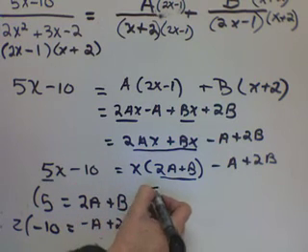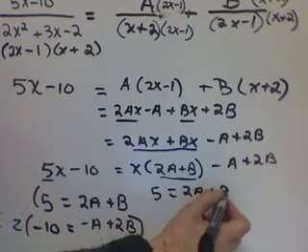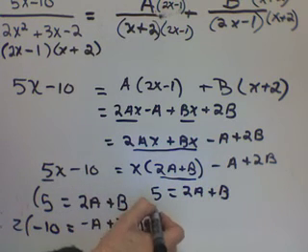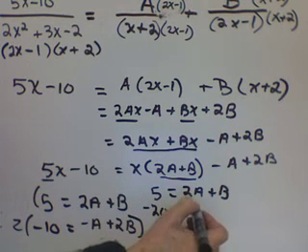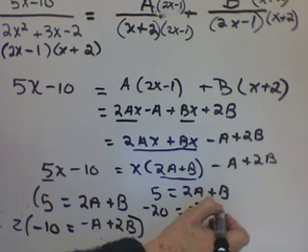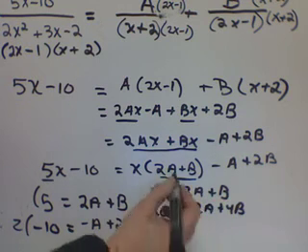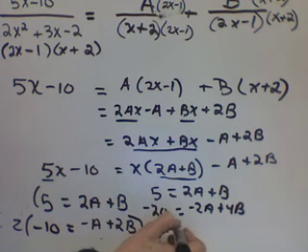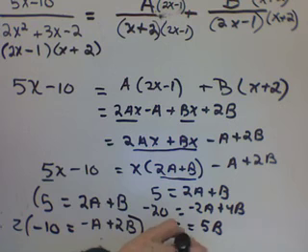So I'm going to rewrite this as 5 equals 2a plus b, and the bottom becomes negative 20 equals negative 2a plus 4b. The a's cancel out, so I get negative 15 equals 5b. So I get b equals negative 3.